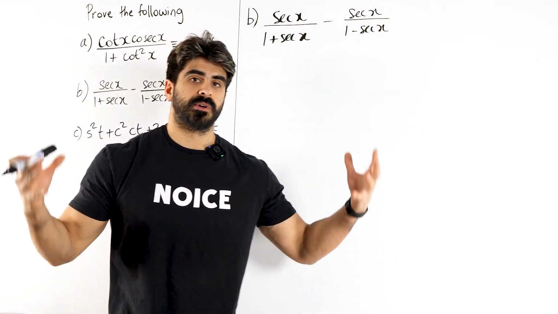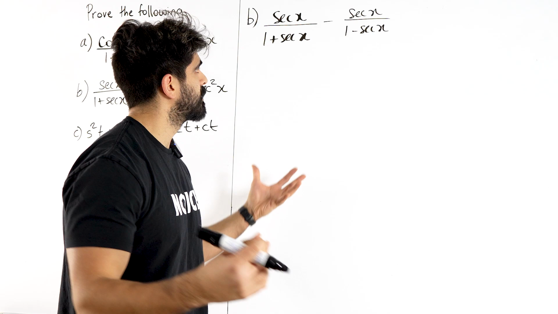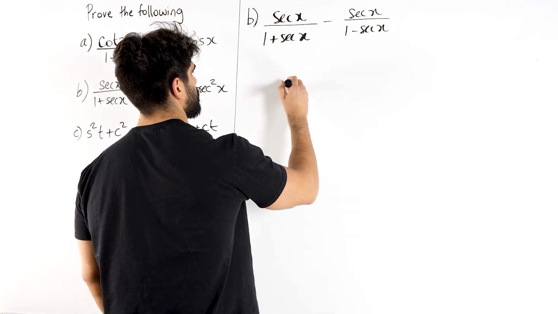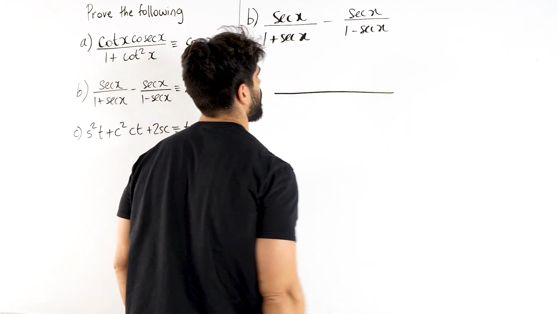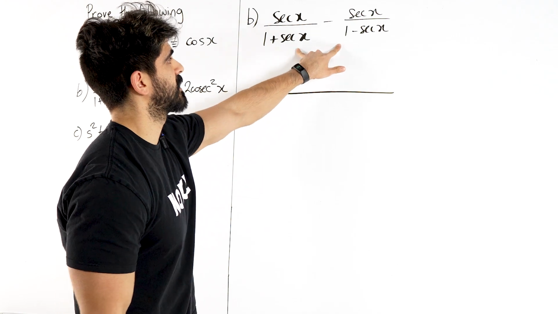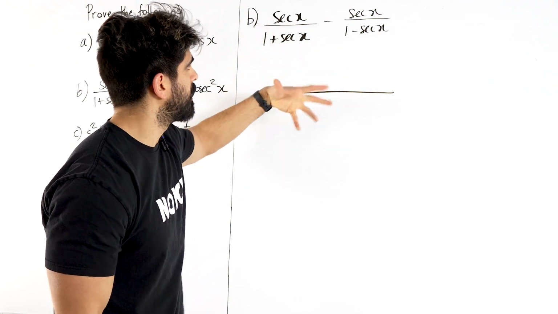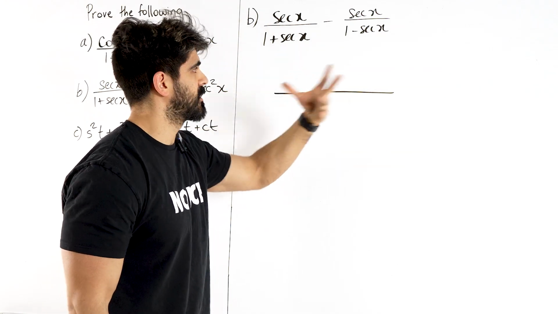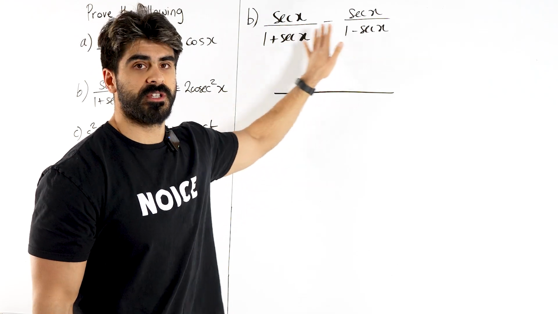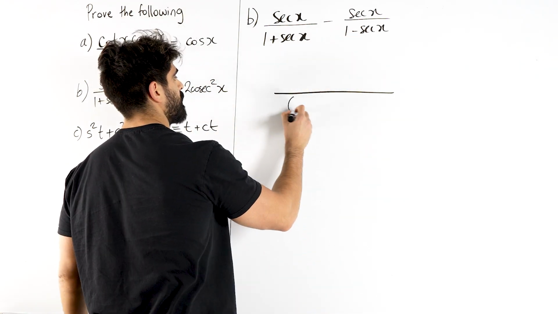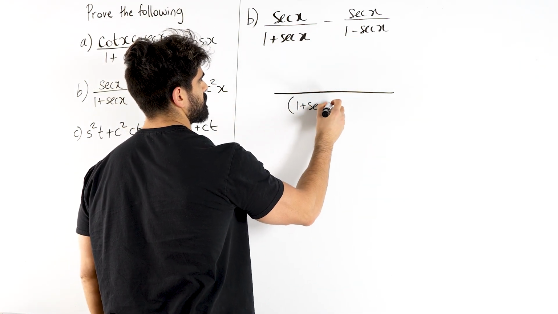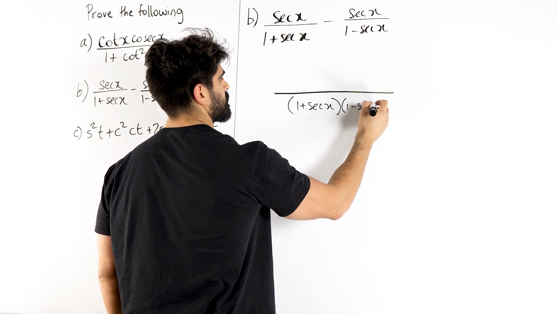This is just a standard bring the fractions together by cross multiplying and bring the denominators together. All right, so we get over. Now with the denominators, you should really notice that that's difference of 2 squares, but I'm not going to skip this step just because I'm doing a demonstration, but I would just do the difference of 2 squares, but I'm going to write them being multiplied. So 1 plus sec x, 1 minus sec x.